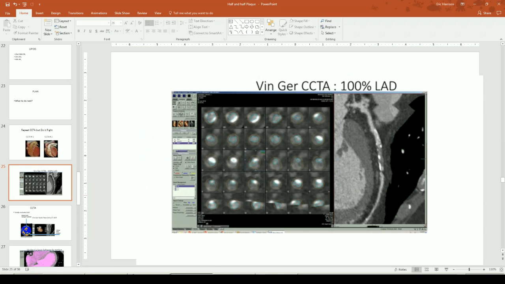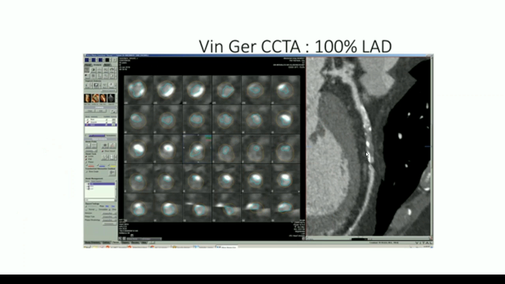You can see here the interruption in contrast that's taken place. There is an area where there may be some artifact, but there also is an area where there's no contrast at all, which is in here. This is a totally occluded vessel. It's actually thrombosed, and this is an artifact from those slices coming together, and then normal vessel filling by collaterals retrograde.